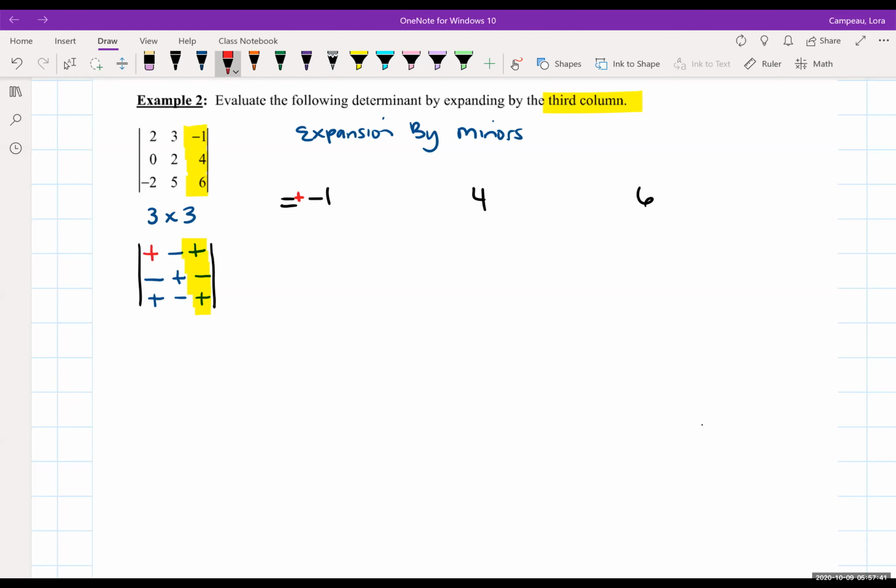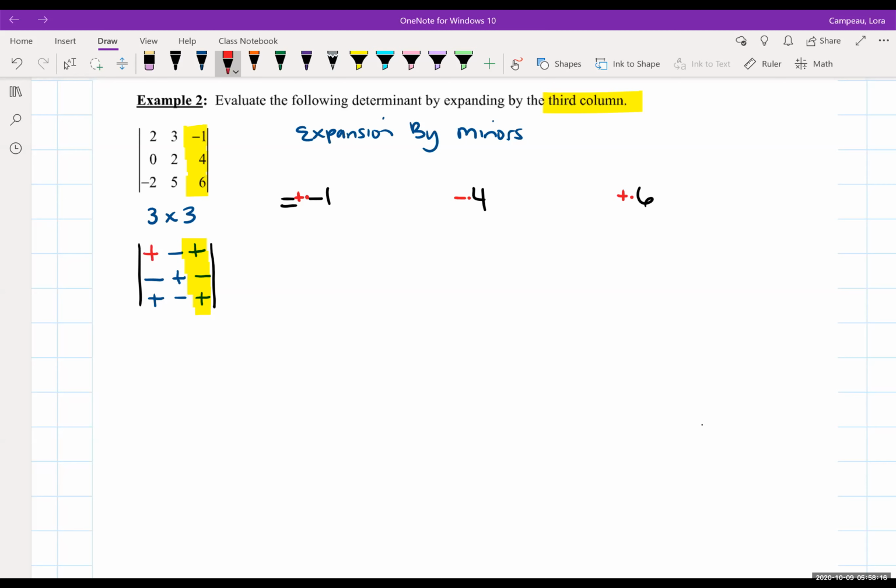So technically we're going to multiply those signs by whatever the sign of the original element was. The second row, third column is a negative sign, so that's going to get multiplied by a +4. And the third row, third column is a plus sign, so that gets multiplied by a +6. So you always want to make sure you're taking care of the signs before you do anything else. If you prefer, you can go through and find the actual product, but we'll take care of that in a second.